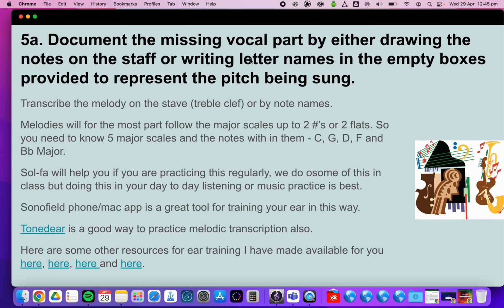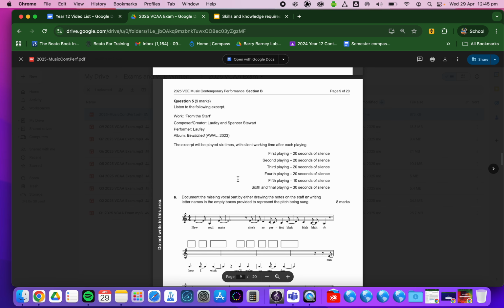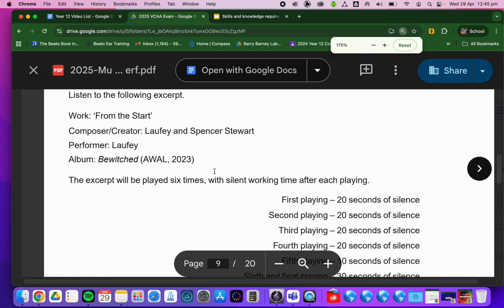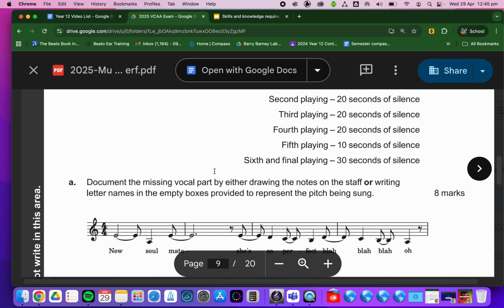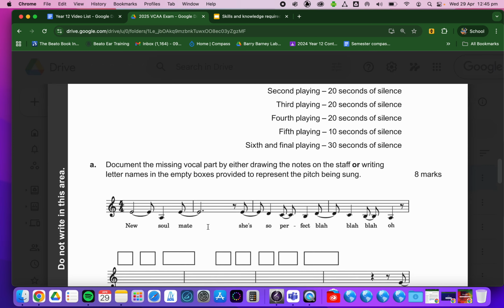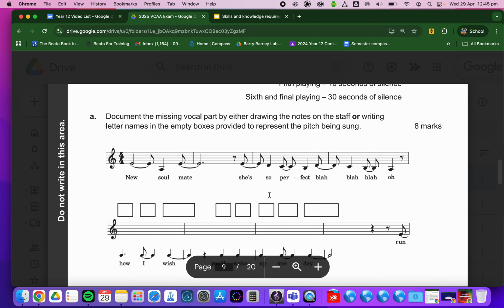Okay, so let's look at the VCAA exam. They use the song from the start and they transposed it to the key of C. And they wrote out some of the melody and left some of it blank.